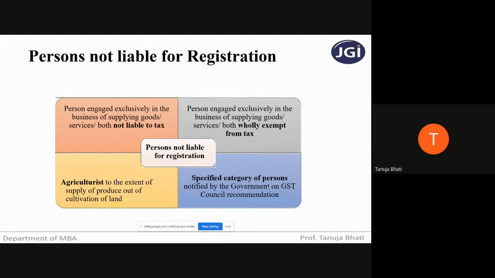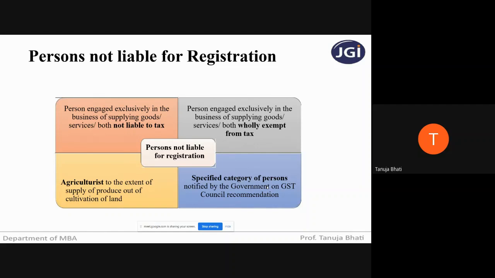Next, the third category of persons is persons making interstate taxable supply of notified handicraft goods up to 20 lakhs. There are certain goods that are notified by the government as handicraft goods. Suppose I am supplying those goods interstate, and the value has not crossed 20 lakhs, then I am not liable for registration under GST.